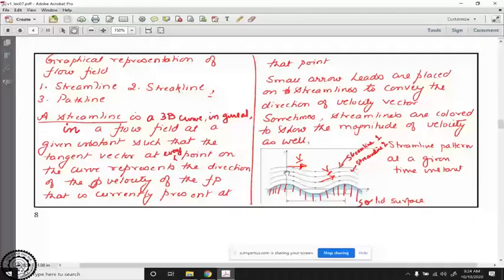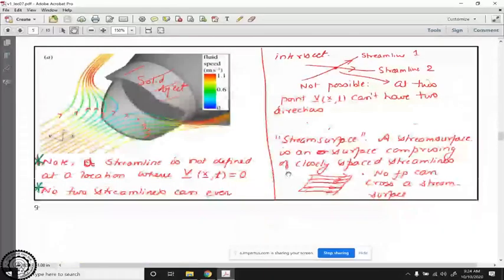So a simple visualization technique like this gives us a lot of information. Suddenly you start getting a feel of what the velocity vectors are at various locations. This is an example of a streamline pattern at a given time instant.